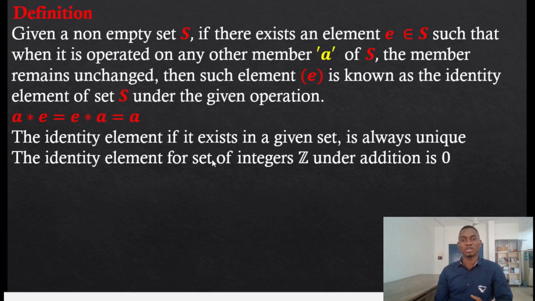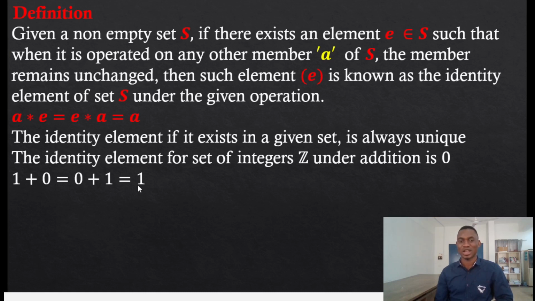The identity element for the set of integers under addition is 0. Let's explain that. 1 is an integer, a positive integer precisely. 1 plus 0 is equal to 1. Can you see? The second element, which is 0, acts on 1, which is the first element, and the answer is 1.